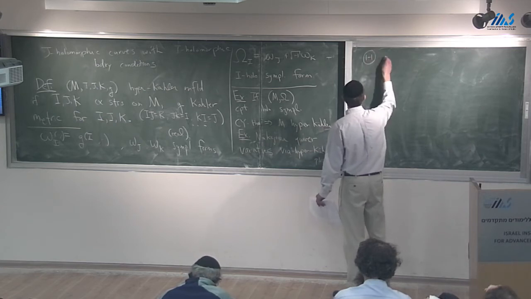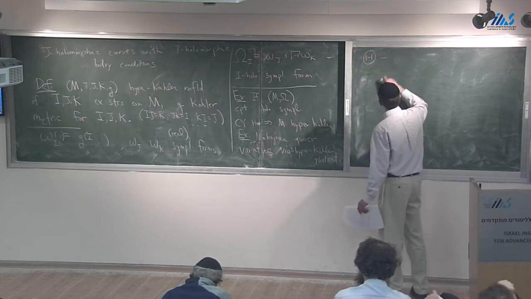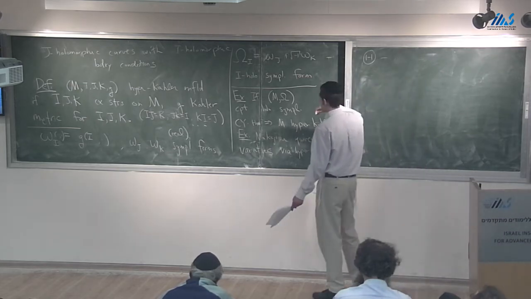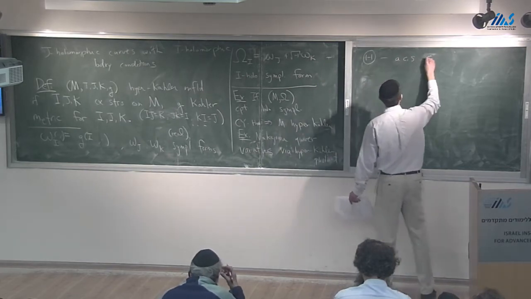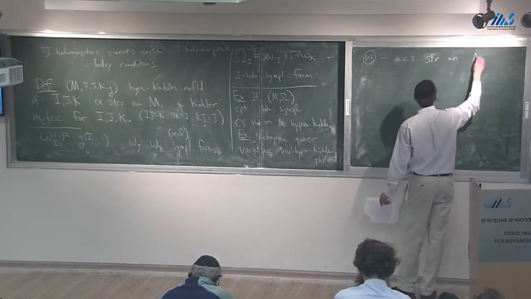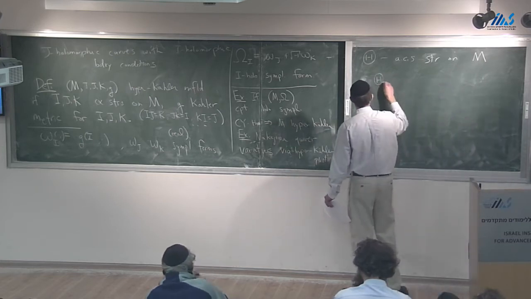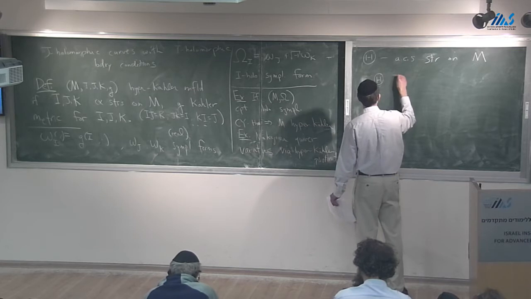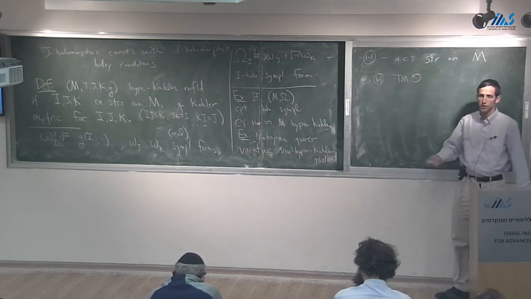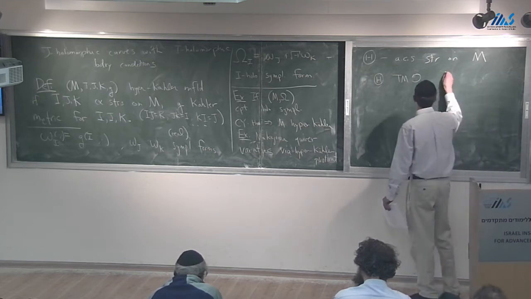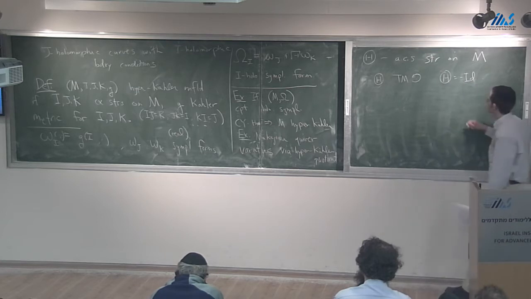Let's say theta is an almost complex structure on M. This means that theta is a C-infinity automorphism of the tangent bundle of M that squares to minus the identity.